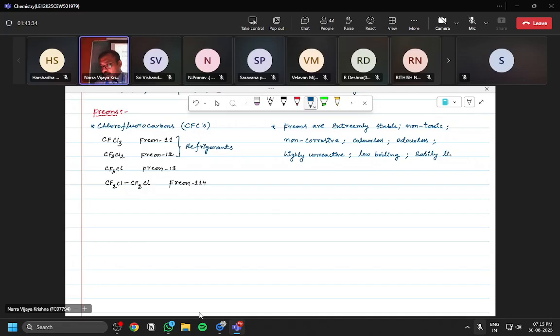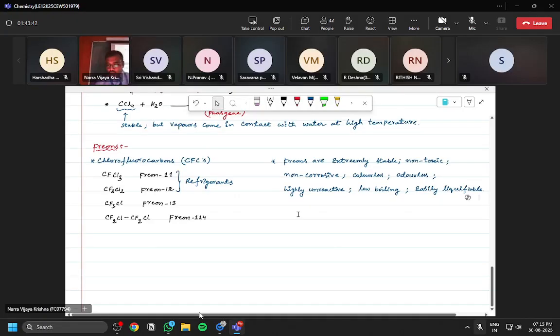That's why they are used as refrigerants. Freon 11 boiling point is minus 25 degrees centigrade. Freon 12 boiling point is minus 30 degrees centigrade.